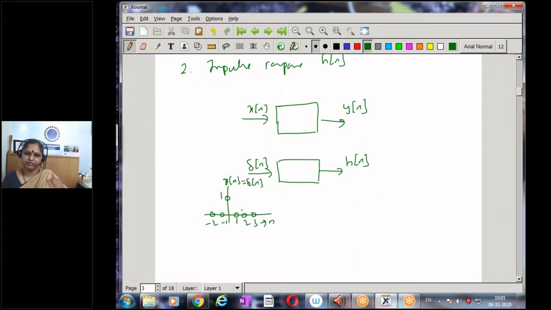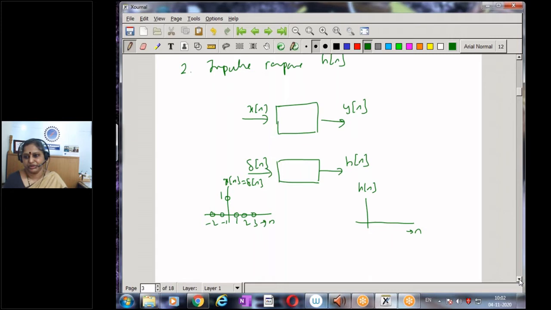Whatever output I get from the system is known as the impulse response h of n. So the impulse response also completely represents the system, and we can arrive at system properties by observing the impulse response.